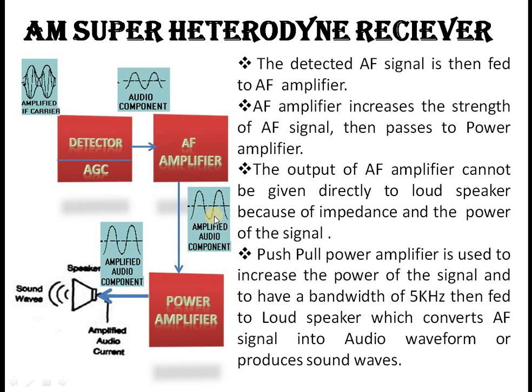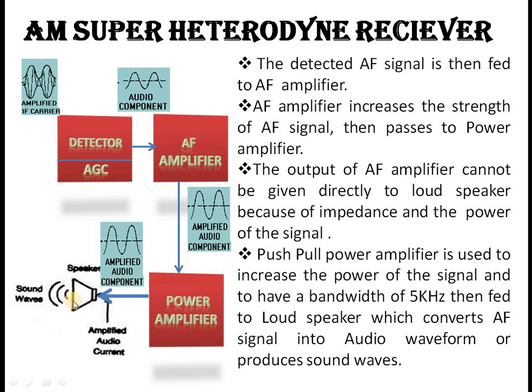Once it is sufficiently increased, it is given to power amplifiers, wherein the power of the signal is also increased. Also, this provides the impedance match between the audio frequency stage and the loudspeaker, and the strength of the signal should be sufficiently high to give it to a loudspeaker.